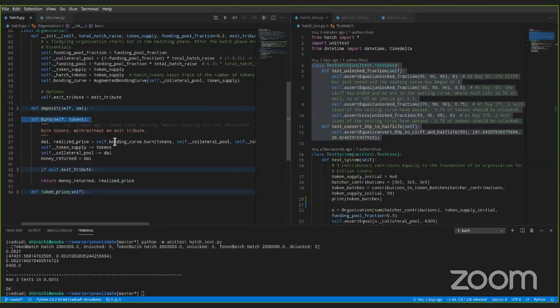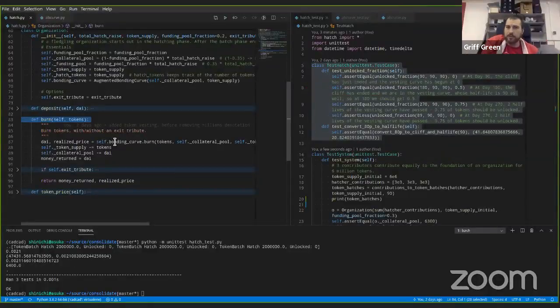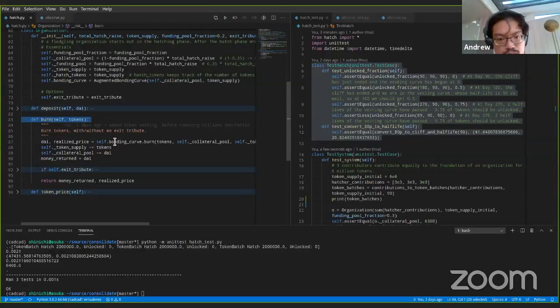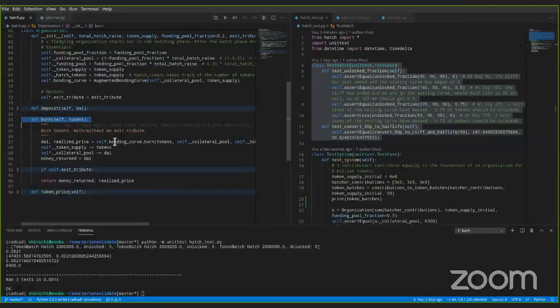Okay. But this stuff will need to be integrated to the cadCAD sim, though, right? I mean, that may not be the focus of this move, but especially this augmented buy and sell, these will need to be integrated into cadCAD. Yes, it makes a lot of sense. Also, because the part that we want to add new is that you cannot burn a token that you are vesting.